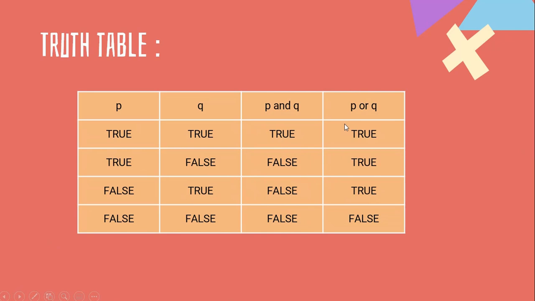Okay, for P or Q, we can see that if part of the statement is true, whether P statement is true or Q statement is true, then the compound statement of P or Q will be true. But if both are false, then the combined sentence of P or Q will be false.